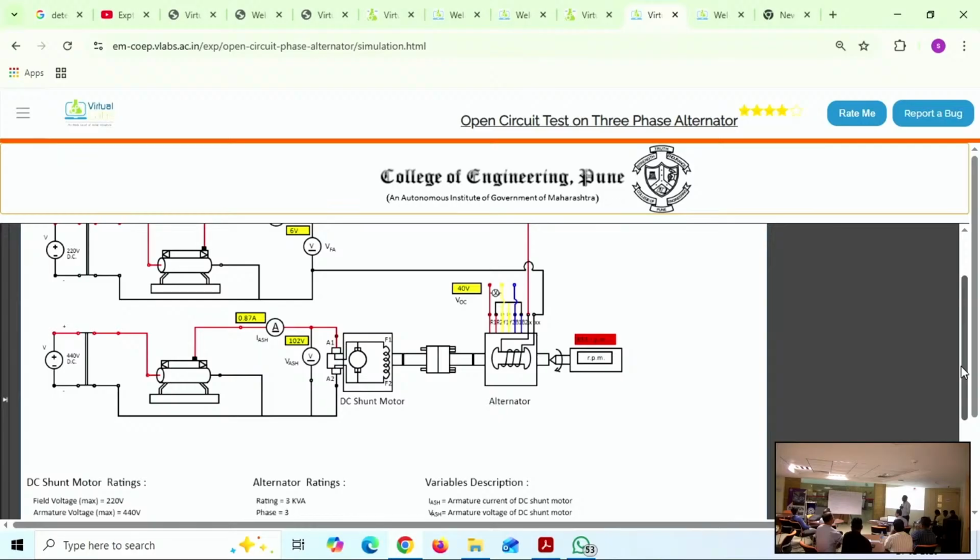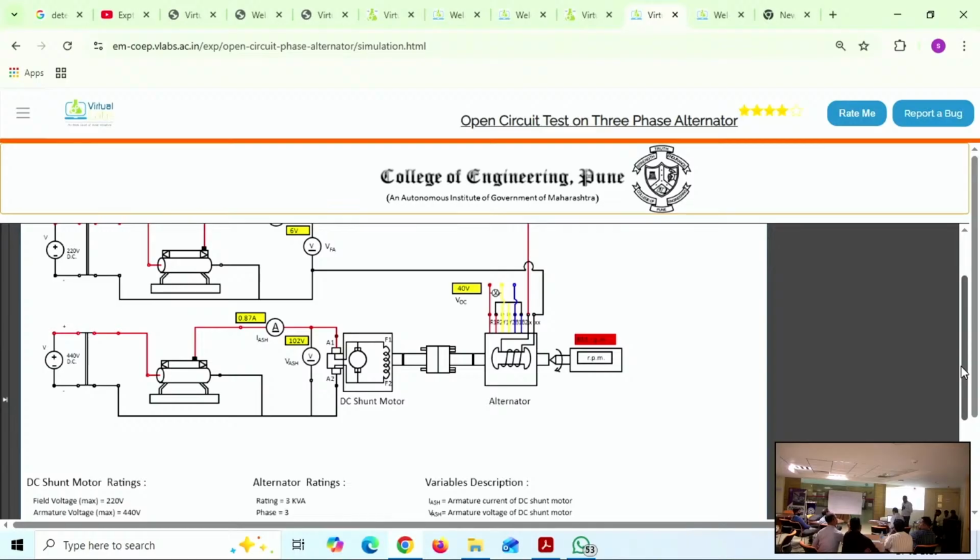Armature? Again, finally, I need one collective answer. Sure, this time sure. This is armature voltage control. Yes, from 0 to 1500 we can also take flux control, above 1500 we will get.